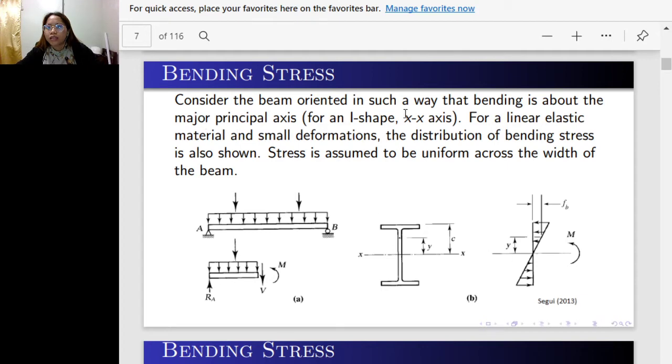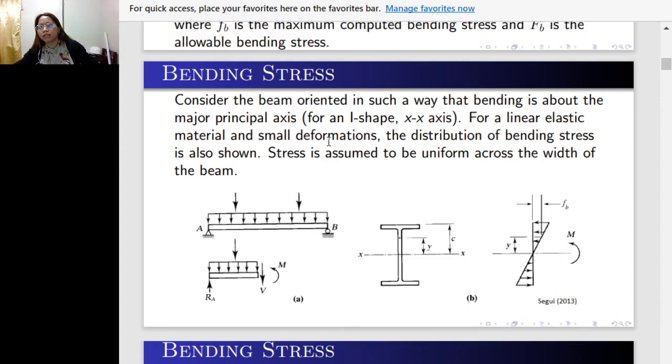Consider the beam oriented in such a way that the bending is about the major principal axis. For an I shape, the major principal axis is this x-x axis. For linear elastic material and small deformations, the distribution of bending stress is also known.